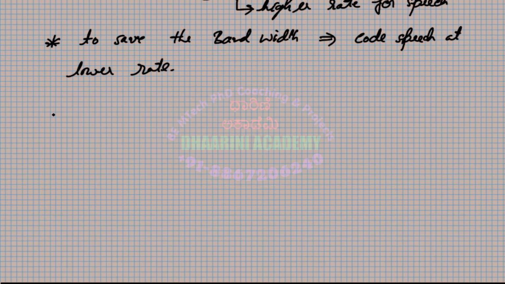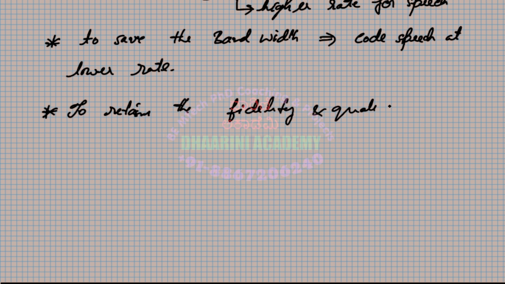This is the fundamental idea behind the ADPCM, right? So my intention is to retain the fidelity and quality, in the sense, I want to save the speech in some format.